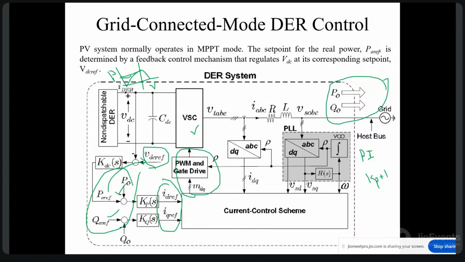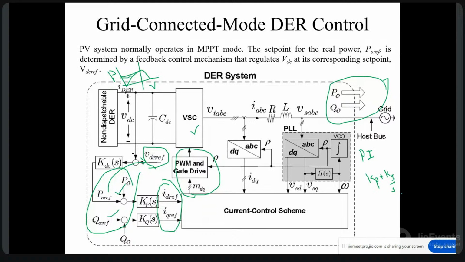It is because your references are always changing, because your references themselves are time varying quantities. You are defining IA, IB, IC, which are time varying quantities. A normal PI controller will not be able to track this, because you will always have a steady state error resulting from time varying references.